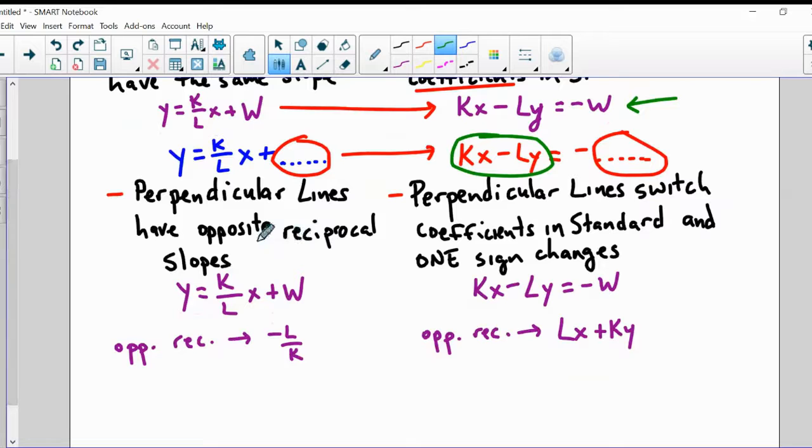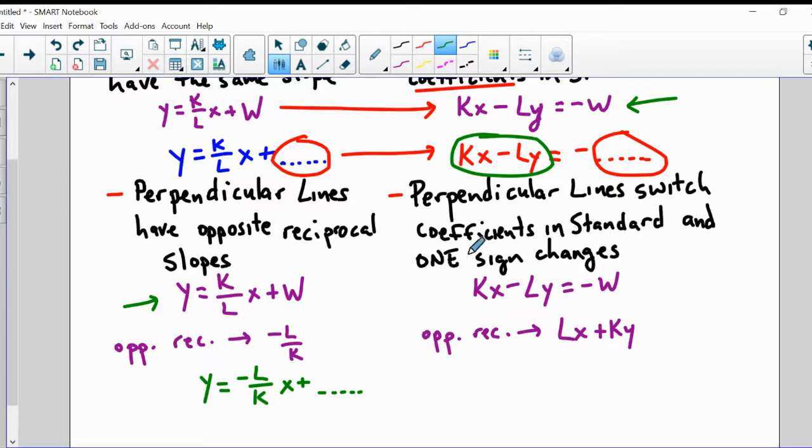Perpendicular lines have opposite reciprocal slopes. So if I take something like this and I want a perpendicular line, I would have y equals negative L over k x plus some number, some y-intercept, or I could write it in point slope form or whatever.